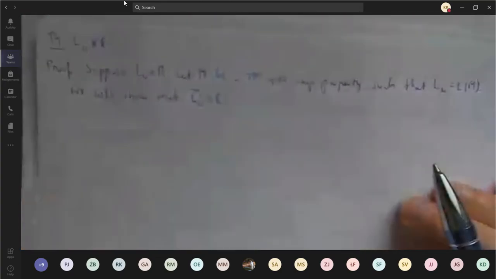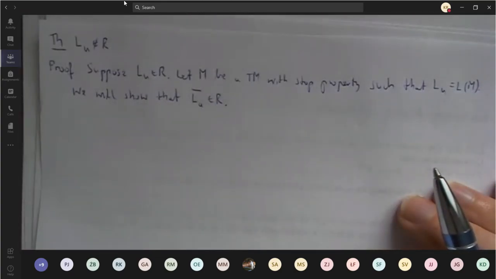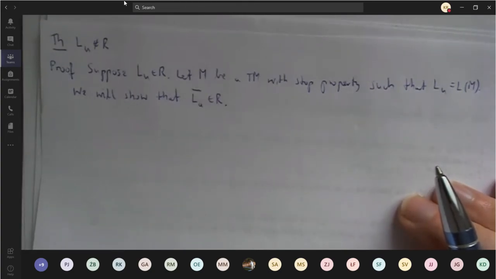This will be a contradiction because we have shown that this diagonal language is not recursively enumerable.